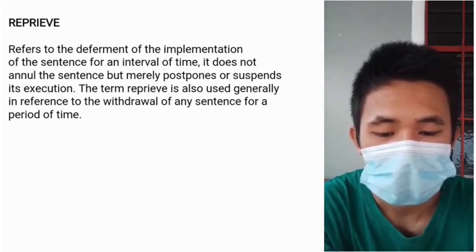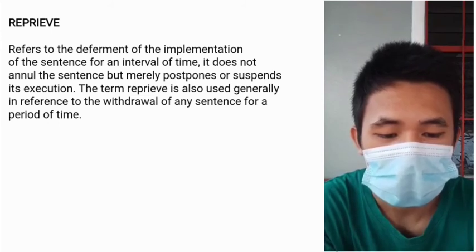Reprieve is generally an act of clemency that is extended to a prisoner in order to give him or her an opportunity to find a means or reason for reducing the sentence imposed.